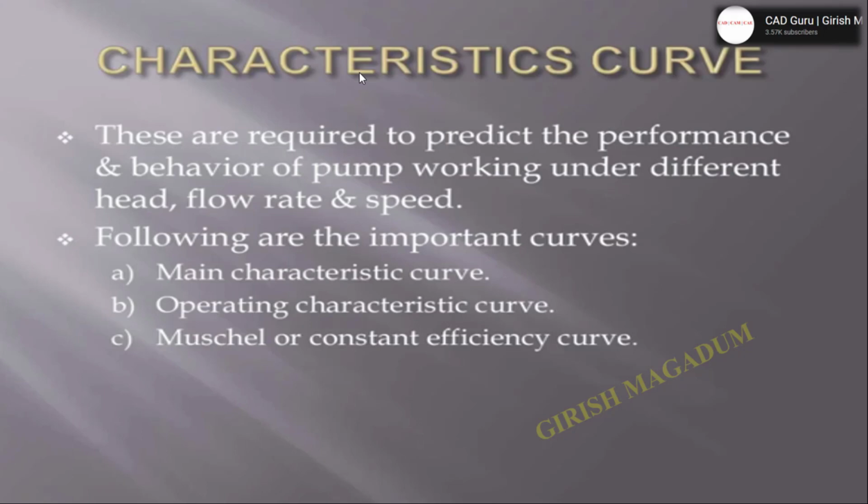There are three main curves: the characteristic curve, the operating characteristic curve and the efficiency curve. These curves help us predict the performance and behavior of the pumps under different conditions like pressure heads and different heads, and we can also consider the flow rate and different speed levels.